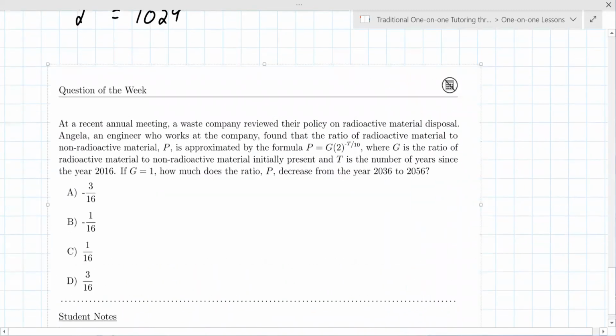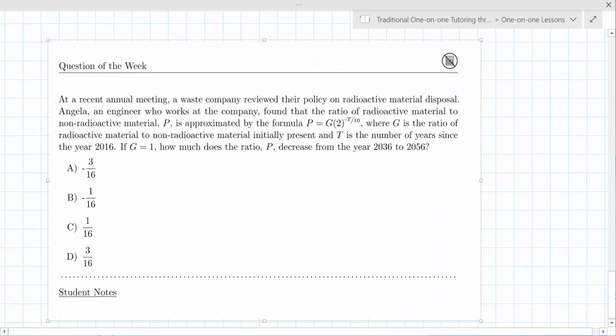When you look at this question, I want you to first read it to yourself. Don't solve it. Let's talk about it a little bit. But go ahead and read it to yourself, please, and then we'll talk.